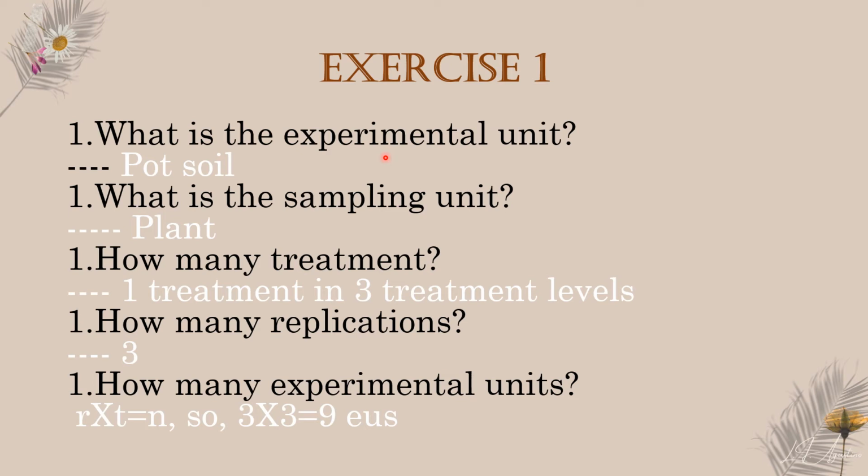One treatment with 3 treatment levels because we have 0.1, 0.5, then 1 liter per day. Then how many replications? They are 3. And then how many experimental units? In our discussions, replications times treatment is equal to N, the experimental units. So we have 9 experimental units.